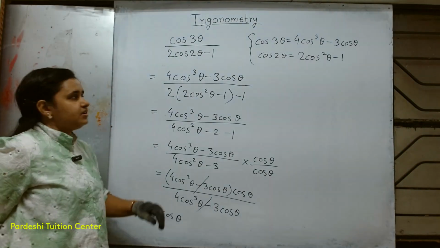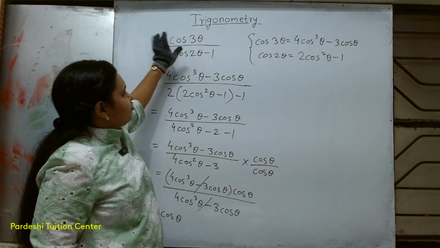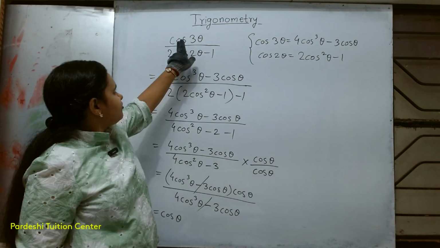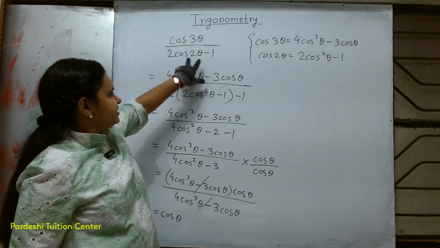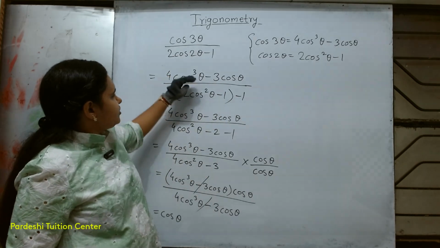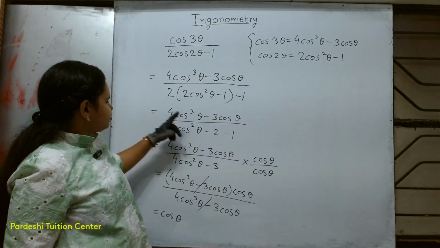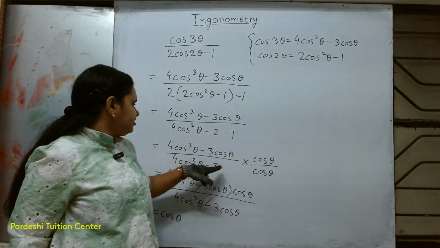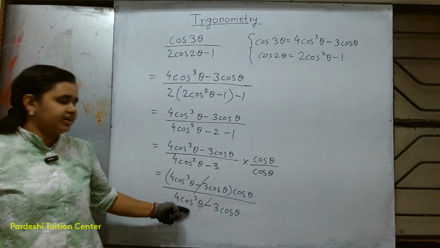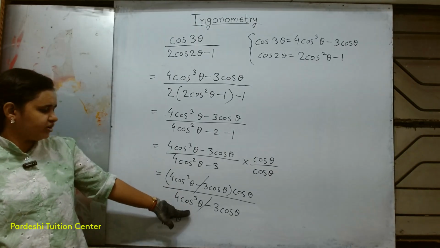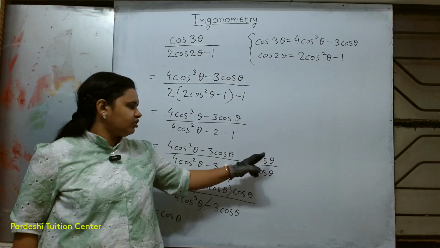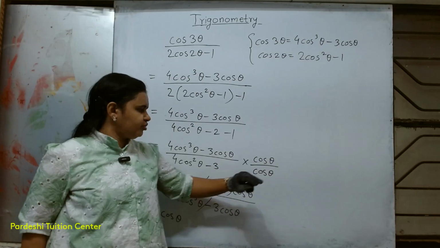We have just put in the formulas for cos 3 theta and cos 2 theta, and by solving, we have multiplied because we want to cut this. One cos theta was not there, so we have multiplied by cos theta to numerator as well as denominator.